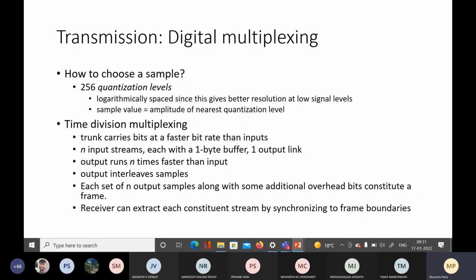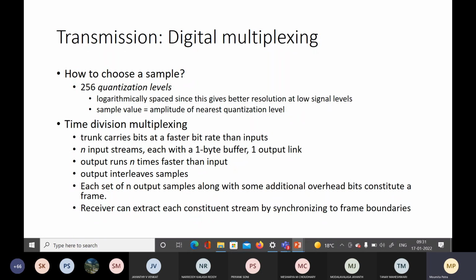Along with some overhead, that entire stream of data with the overhead is known as the frame.